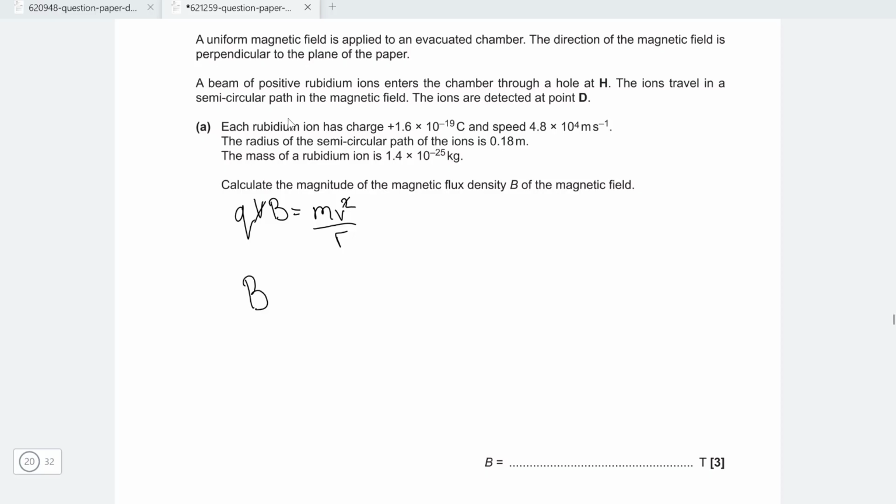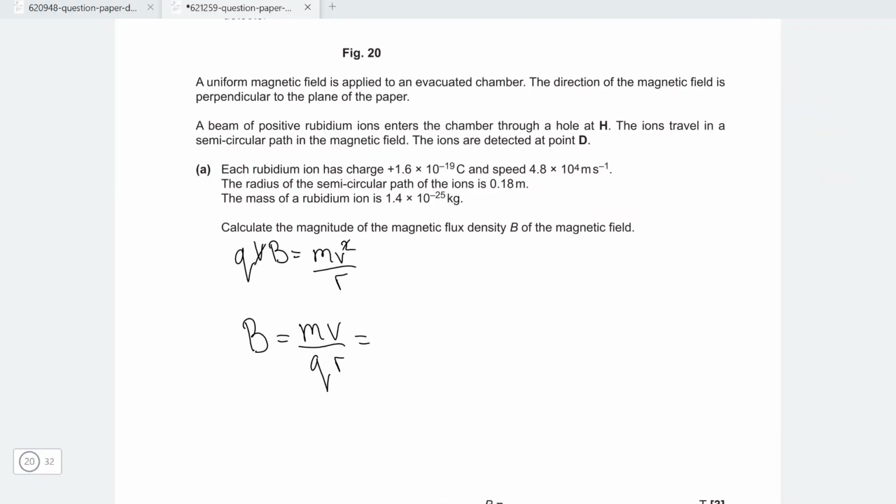We're going to get that B will be equal to mv divided by qr. So let's plug in some numbers. The mass is given to be 1.4 times 10 to the power of minus 25. The speed is 4.8 times 10 to the power of 4 meters per second.